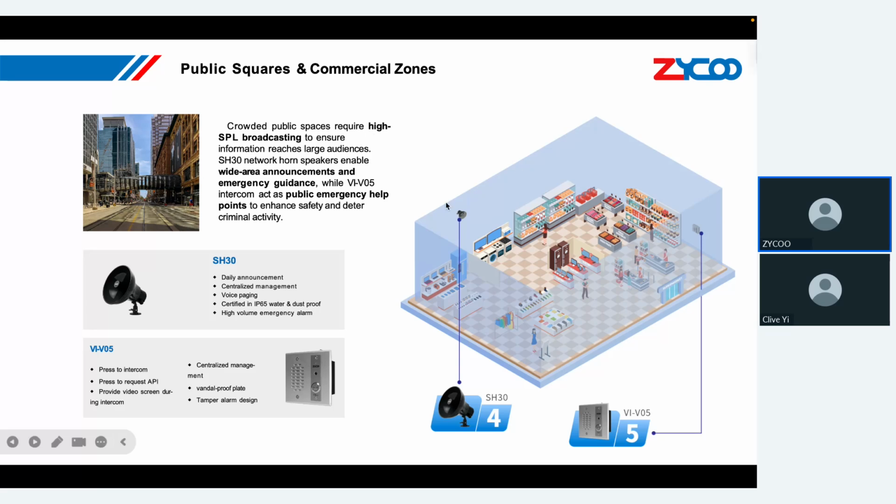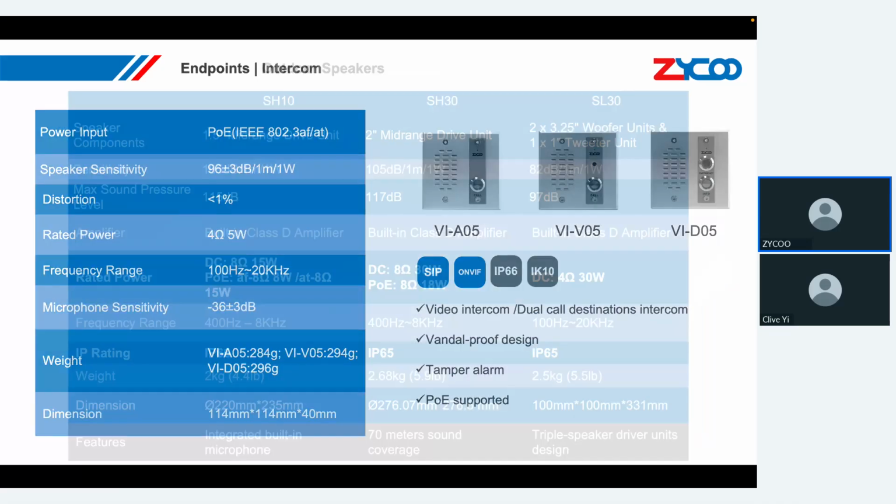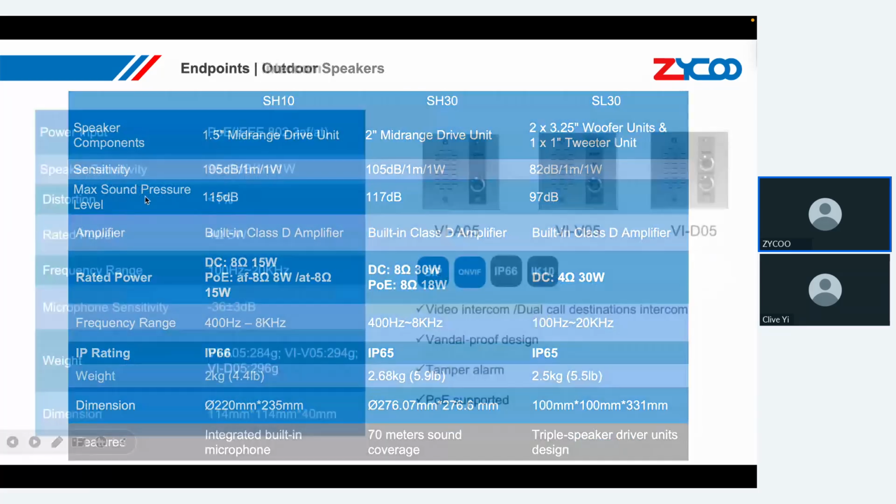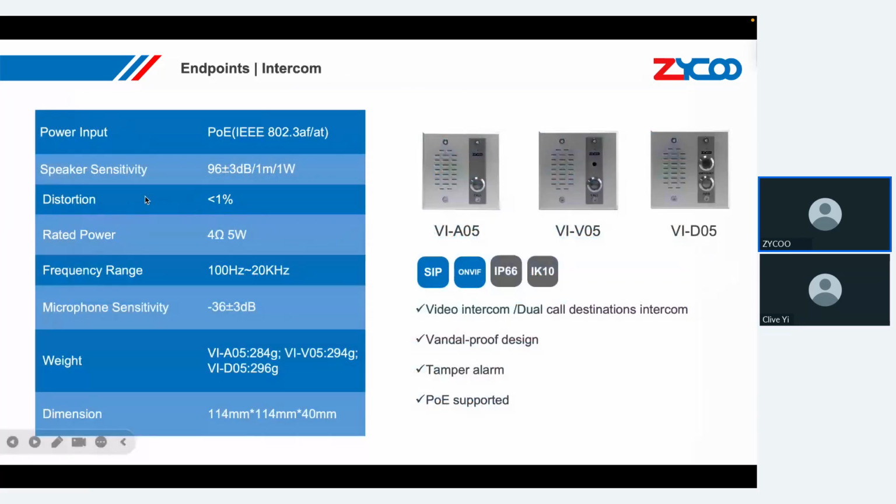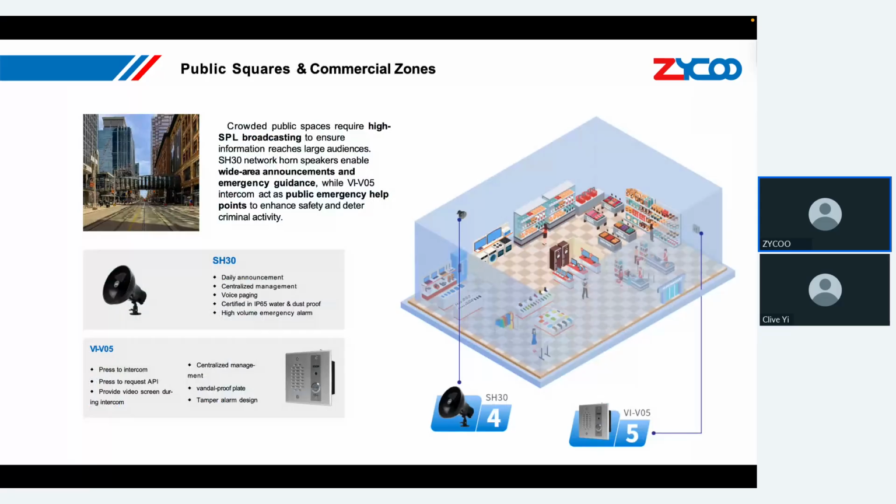And another one is the public squares and commercial zones. For the crowded public space, it also requires high SPL. As we mentioned earlier, this parameter is sound pressure level. So if the place is very crowded and noisy, they require high SPL broadcasting.